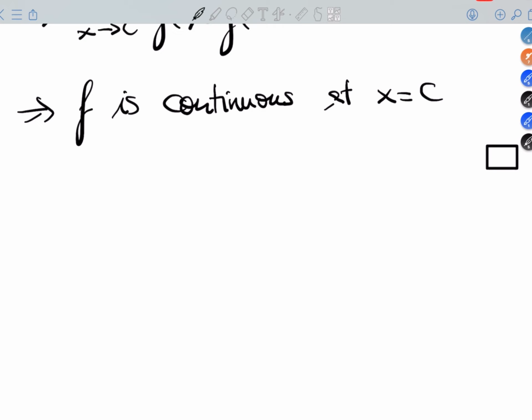One more thing to notice here is that the implication is not true the other way around. So we have differentiable at c implies continuity at the point c, right? But the implication is not true the other way around, because a function can be continuous without being differentiable at the point, right?